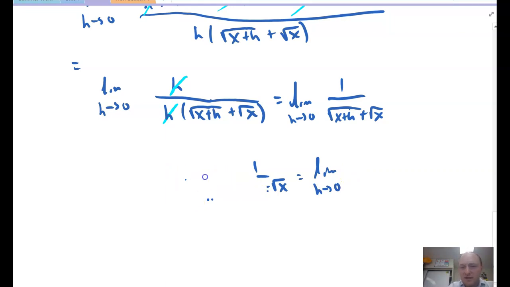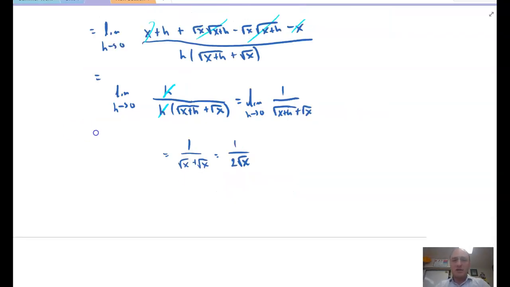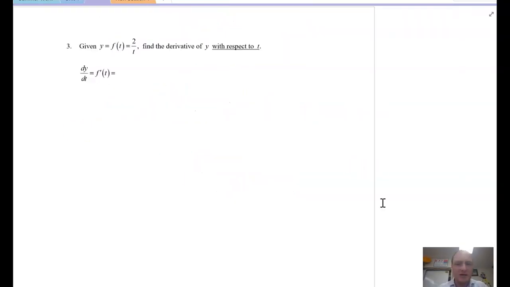Sorry, I already did this, I don't need this. This is just equal to 1 over root x plus root x, which equals 1 over 2 root x. Okay, and there is your derivative. All right, so there's example 2, and here is example 3.